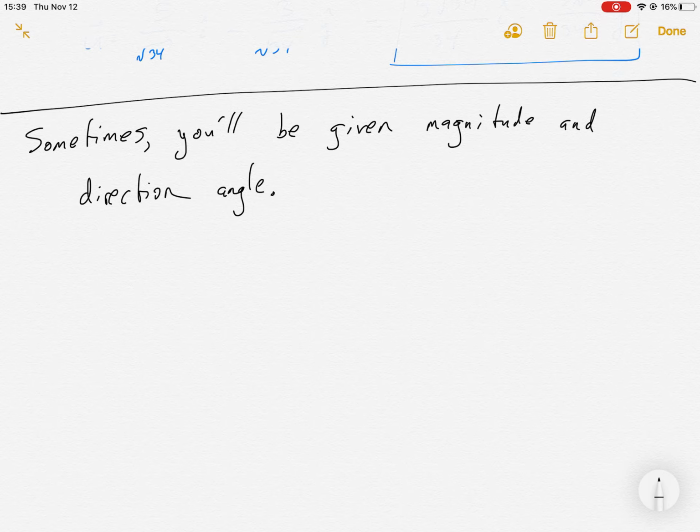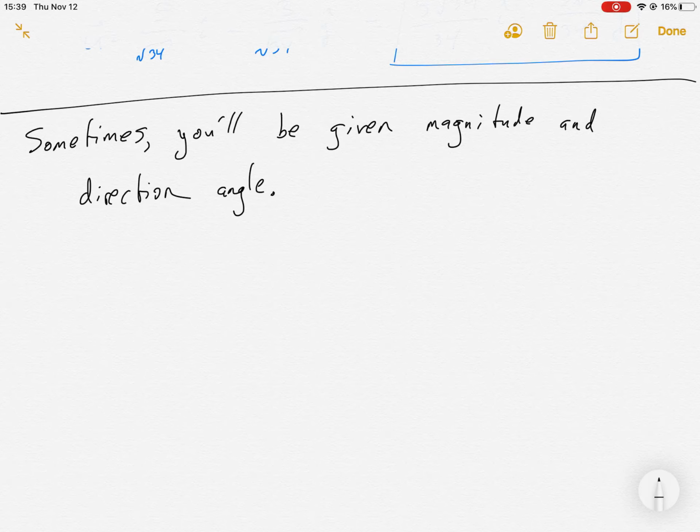Which is fine. That's kind of like the example I started off this whole section with. You know, the plane is going 550 miles per hour and it's bearing 45 degrees, which is northeast. So sometimes that'll be given to you. However, it makes it easier to solve problems if you're able to break it down into component form. So let's talk about what that will look like.